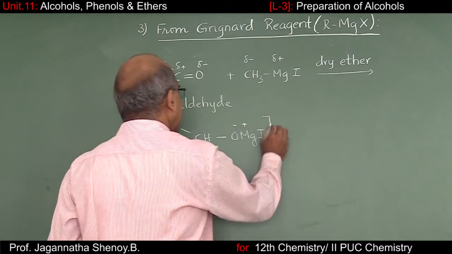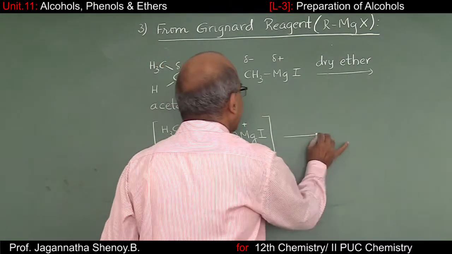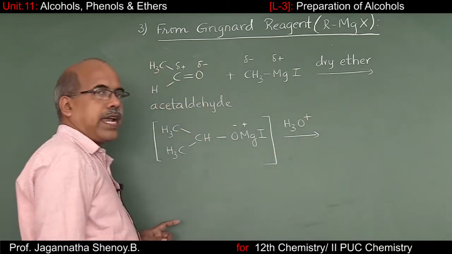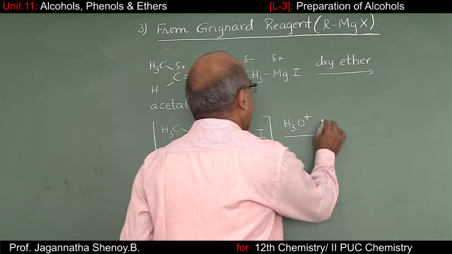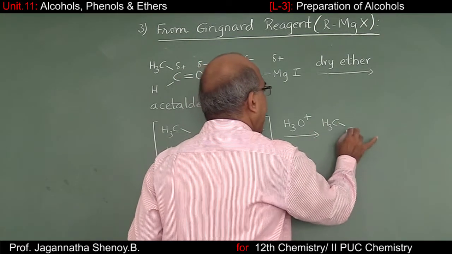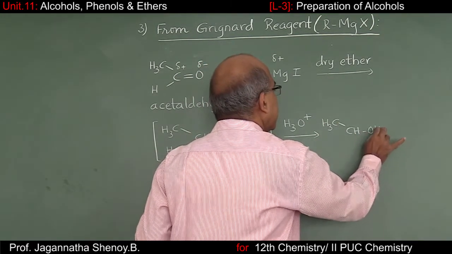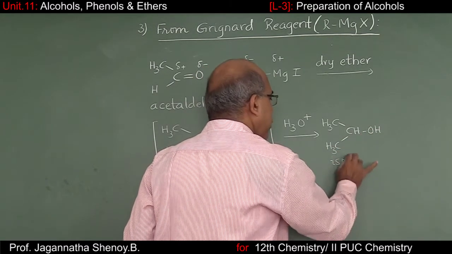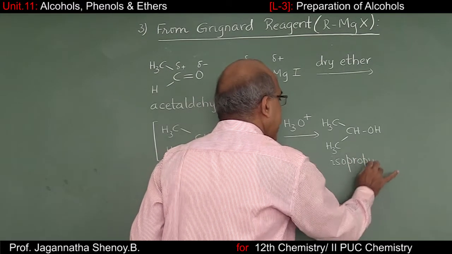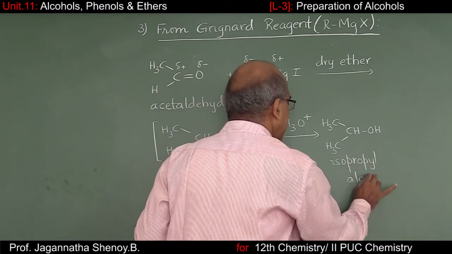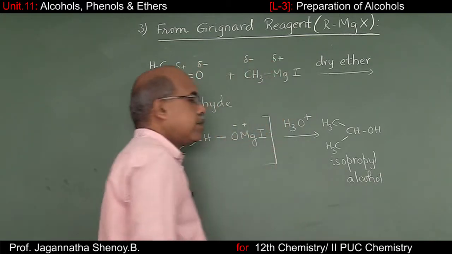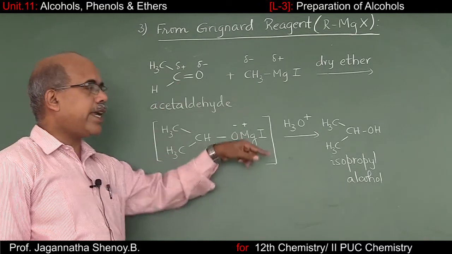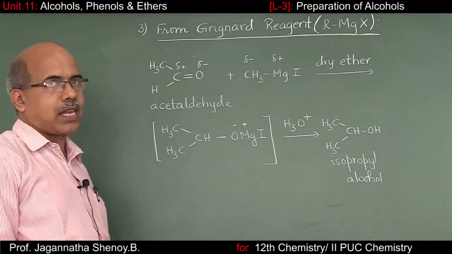And this adduct we subject to hydrolysis in acidic medium. And the final product that you get would be isopropyl alcohol. So isopropyl alcohol is a secondary alcohol. By this method, it is possible to convert acetaldehyde into isopropyl alcohol.